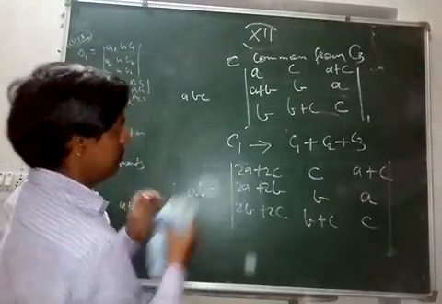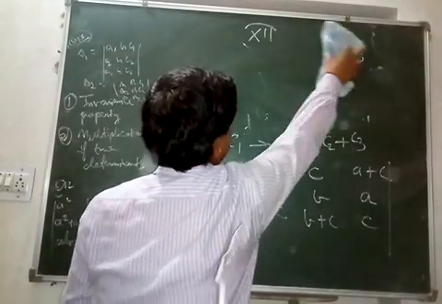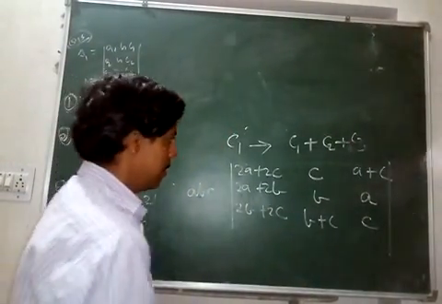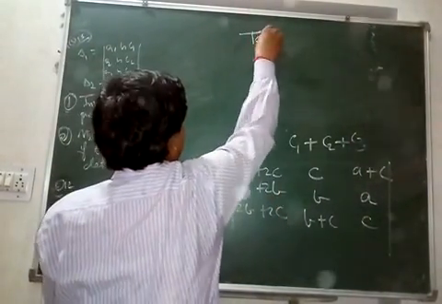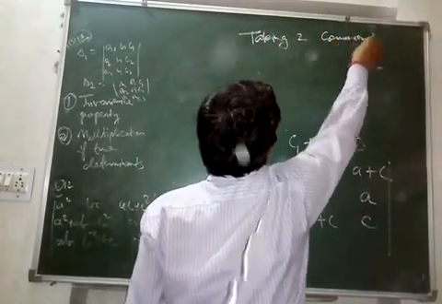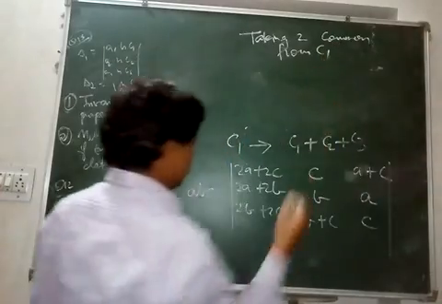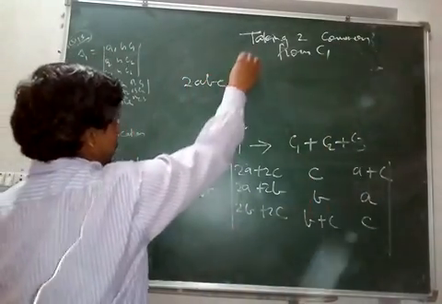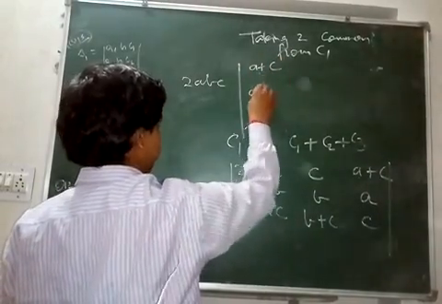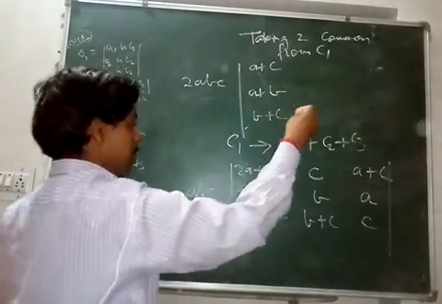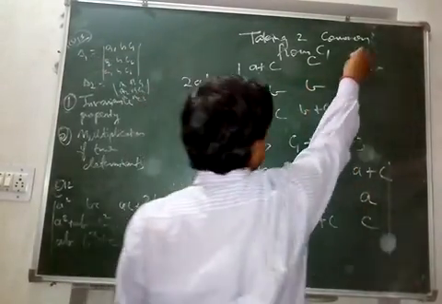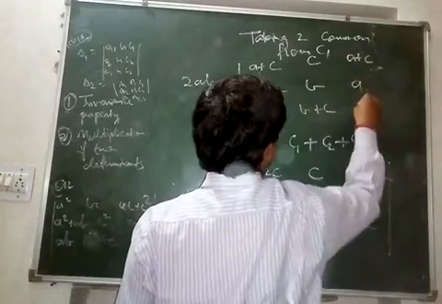ABC is already outside, so I get 2abc, and the determinant has a plus c, a plus b, b plus c in the first column; c, b, b plus c; a plus c, a, c.